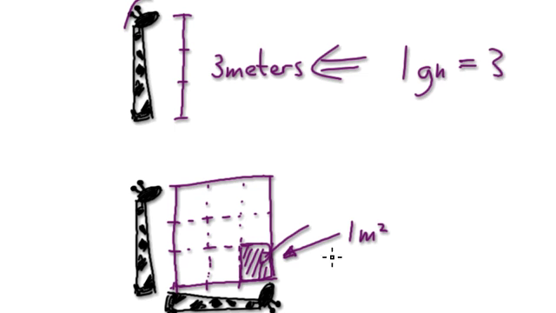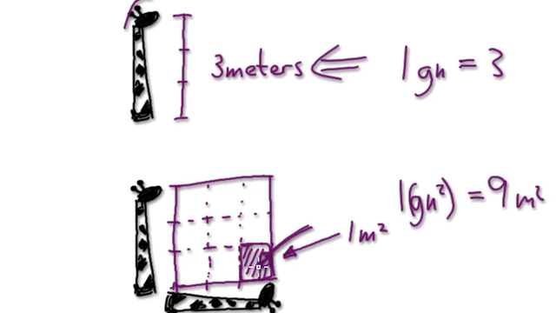Well, when you're talking about an area, this square here is 1 meter squared. So one giraffe neck squared. Now we're talking about an area. Well, an area here equals 9 meters squared, because you need 9 of these small squares here.